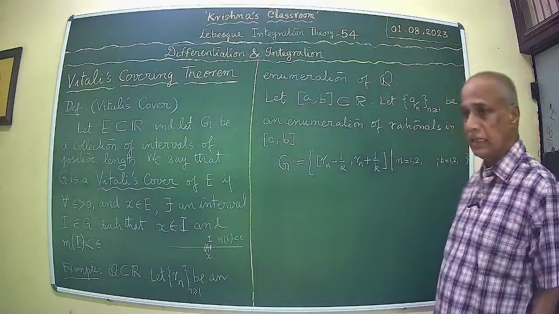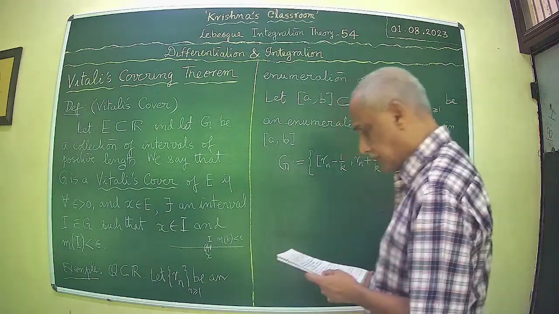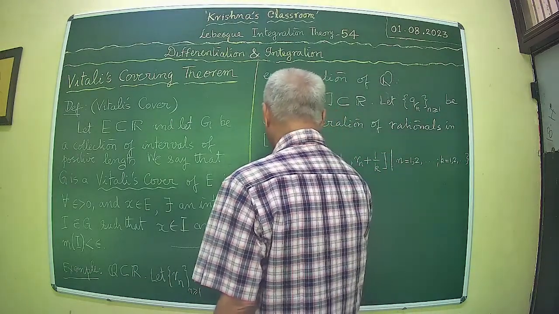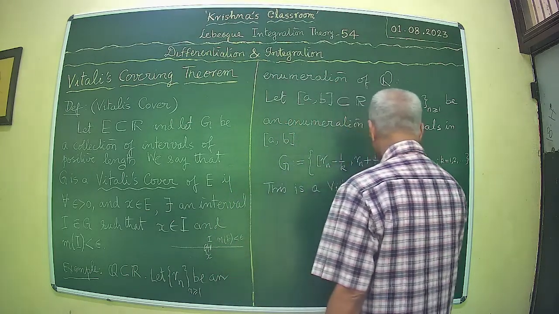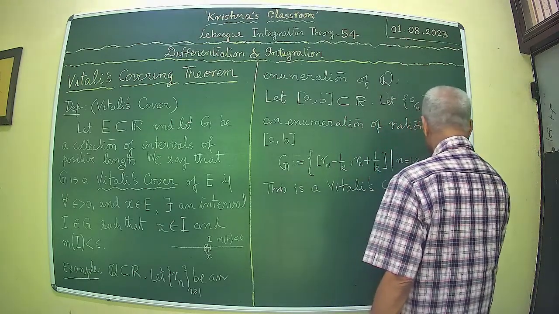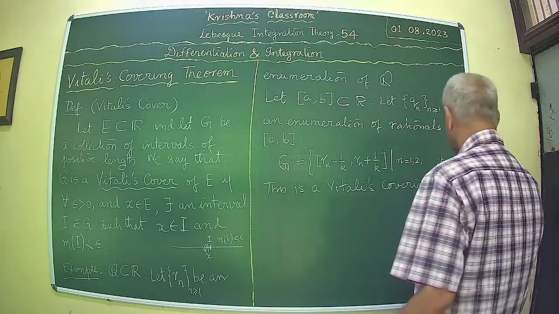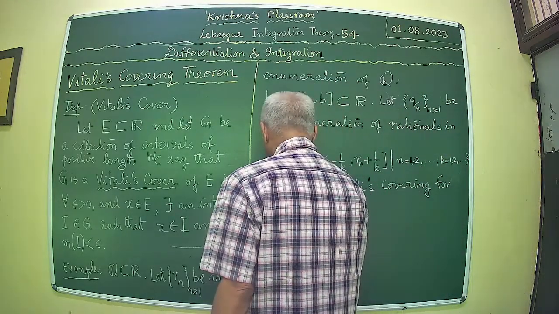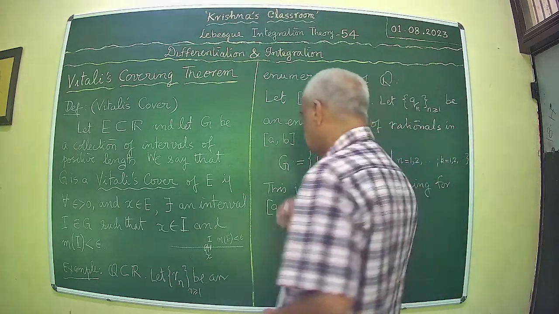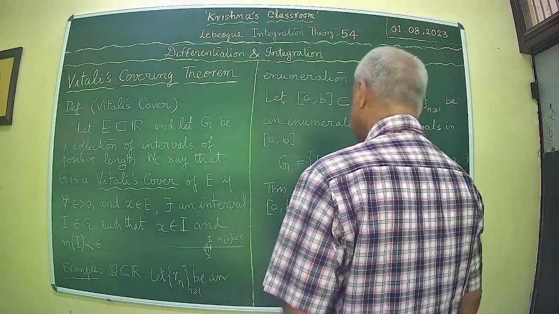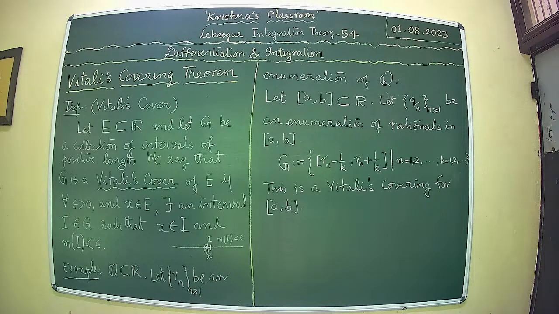By choosing k large enough, you can make the interval length as small as we please. Now this is a Vitali cover for E, for the interval. Now you can do this on any subset. I mean, now we will be quite interested in working on sets with outer measure finite.